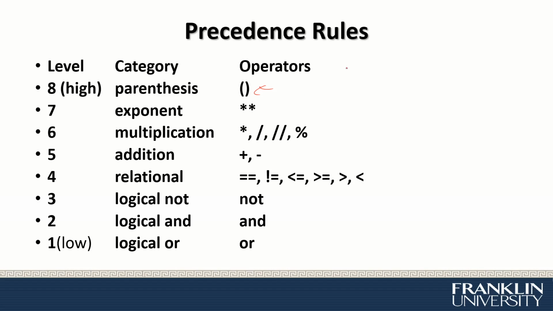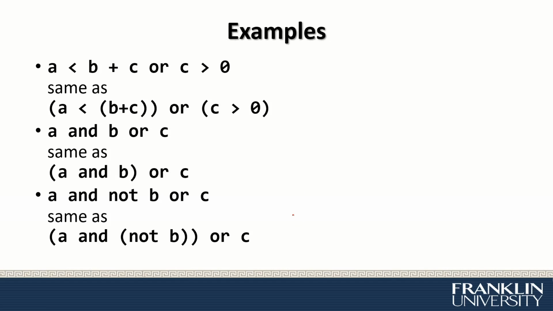These are going from the highest to lowest. For example, this expression is the same as this with the parentheses showing, because the addition has a higher precedence than the relational operator.